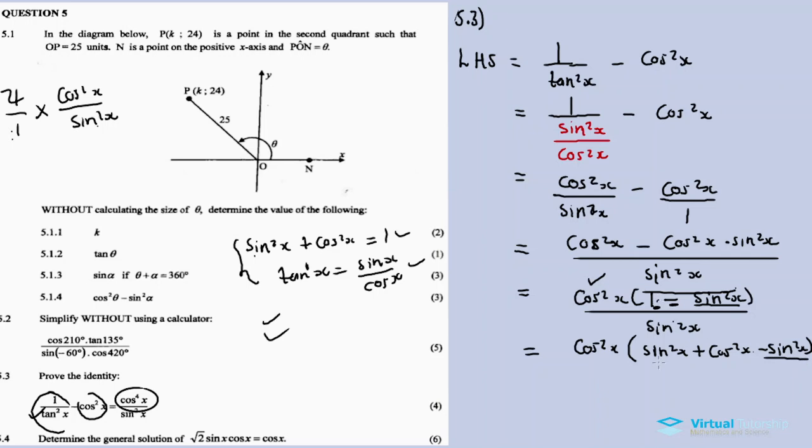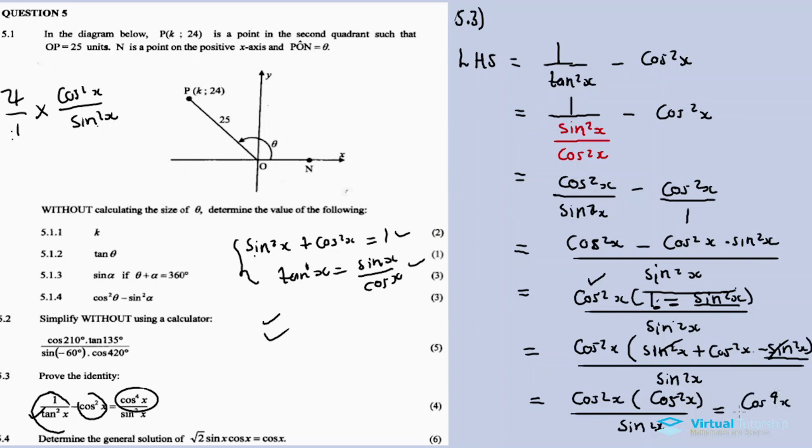And then 1 is the same as sine squared x plus cos squared x divided by sine squared x, equal to cos squared x in brackets. Then cos squared x divided by sine squared x is equal to cos squared x times cos squared x, which is cos to the power 4 x divided by sine squared x, which is the same as the right hand side.